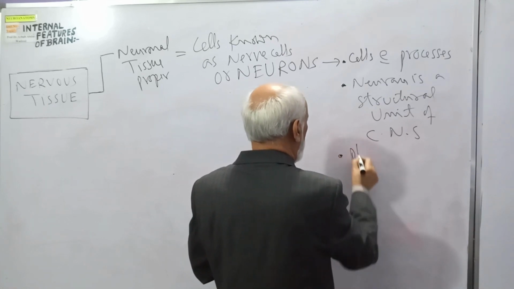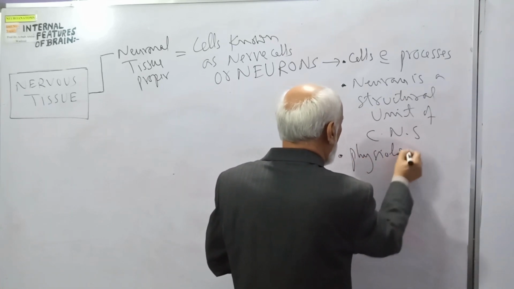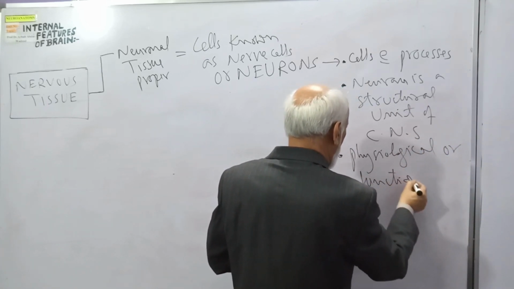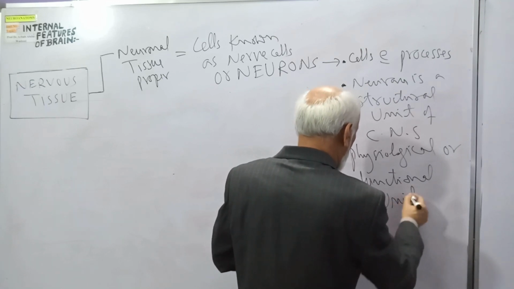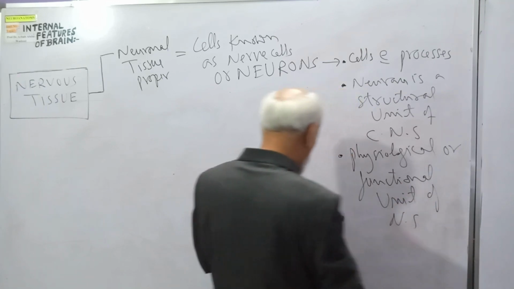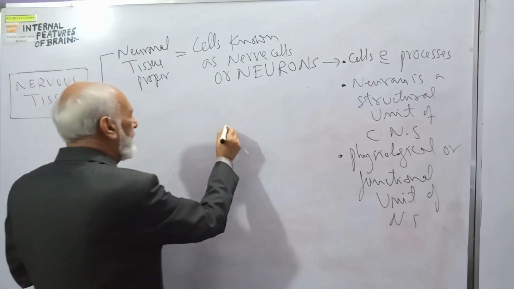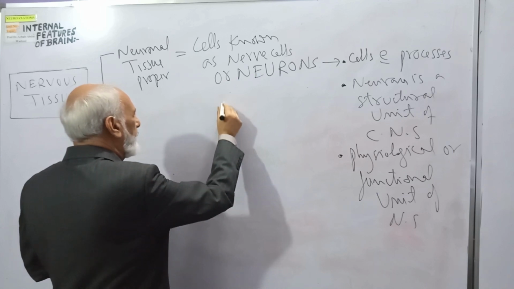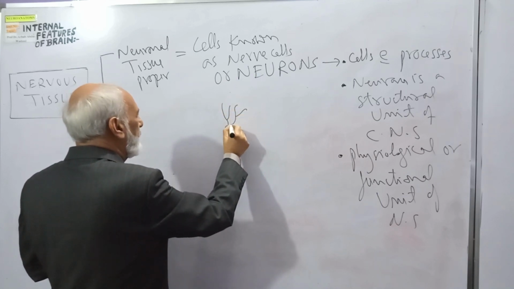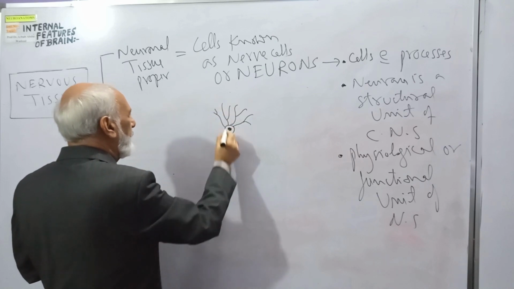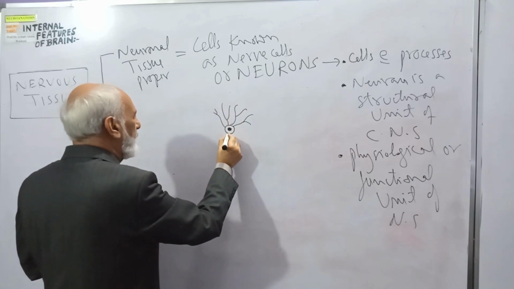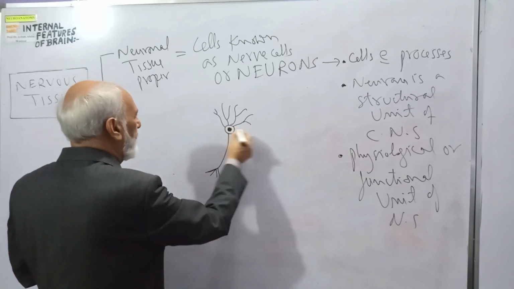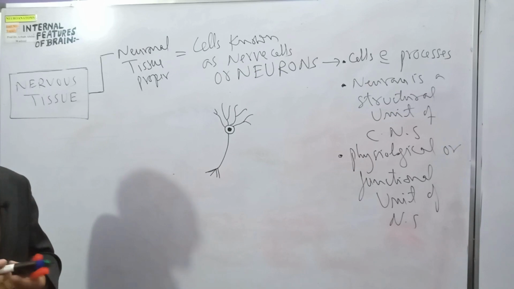Now, what is the physiological or functional unit of nervous system? Now, neurons are cells having a cell body and processes. This is a neuron, which is the structural unit of the nervous system.